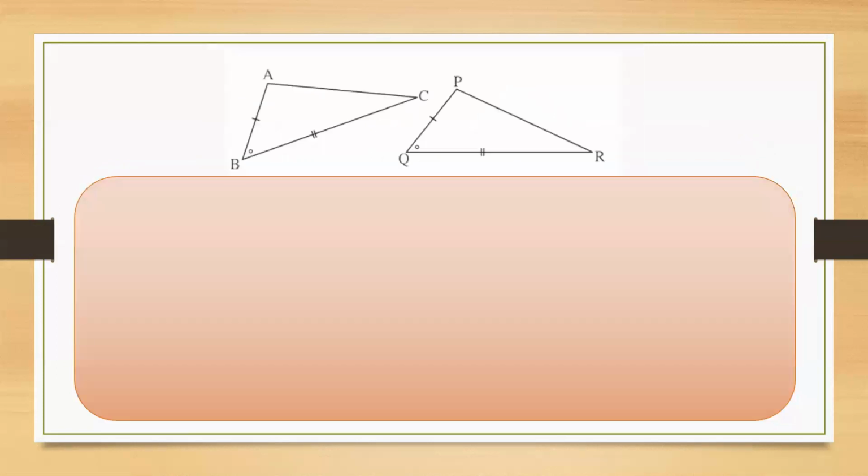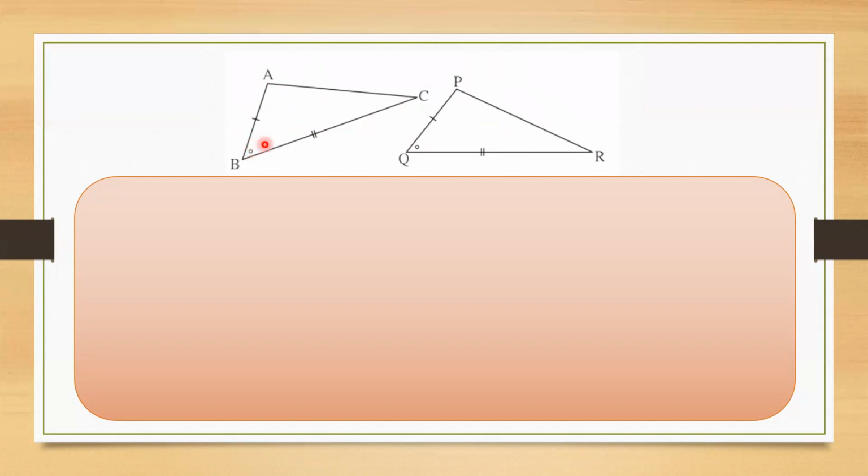Okay, test. In this test you can see both these triangles are given in the figure. By looking at this figure only you will understand. Here side AB and side PQ both have the same symbol, one standing line and one standing line. That means both these sides are congruent. So side AB from the first triangle and side PQ from the second triangle are congruent.